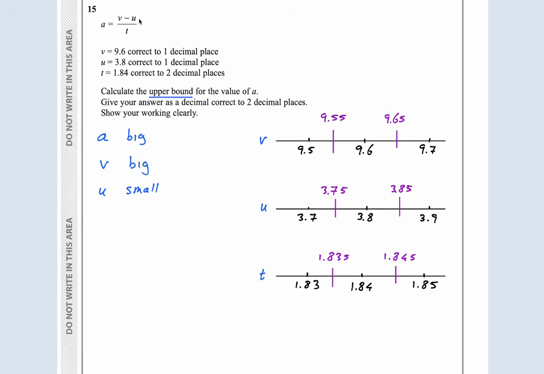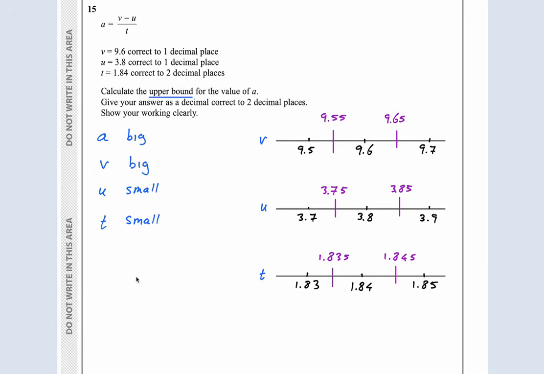We subtract a small number, so U has to be small. And then we're going to divide your bank account by a number. Do you want them to divide by a big or a small number? Well, ideally a small number, because if you divide by a small number, that's bigger than dividing by a big number, if that makes sense. So make V big, U small, and T small, and that will maximize your bank account.